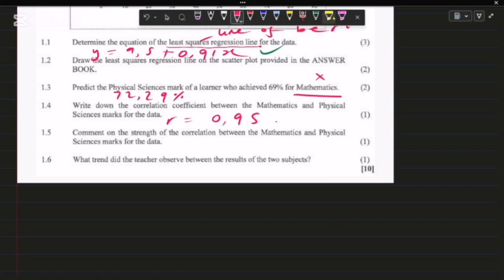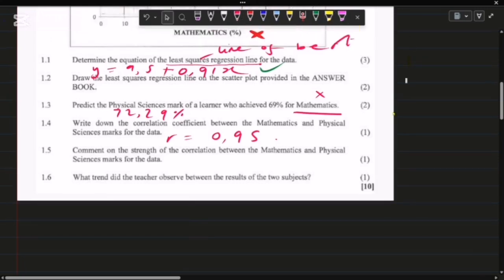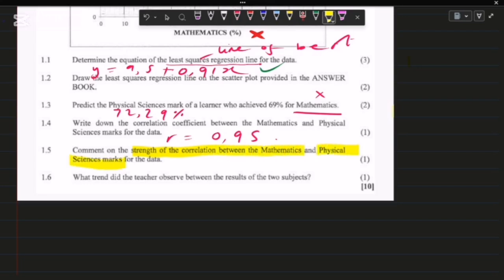This is very important. Based on the value of the correlation coefficient, what can we say about the strength of the correlation between the two variables, the math mark and the physics mark?